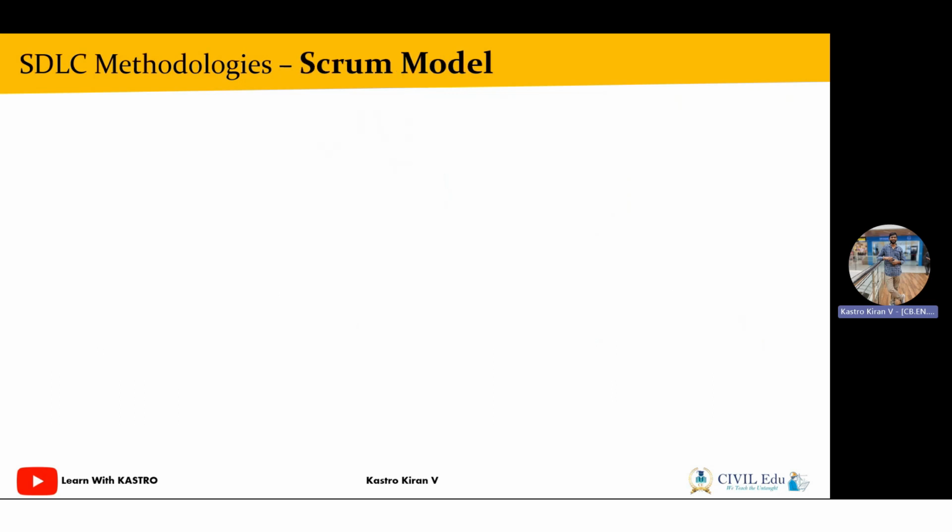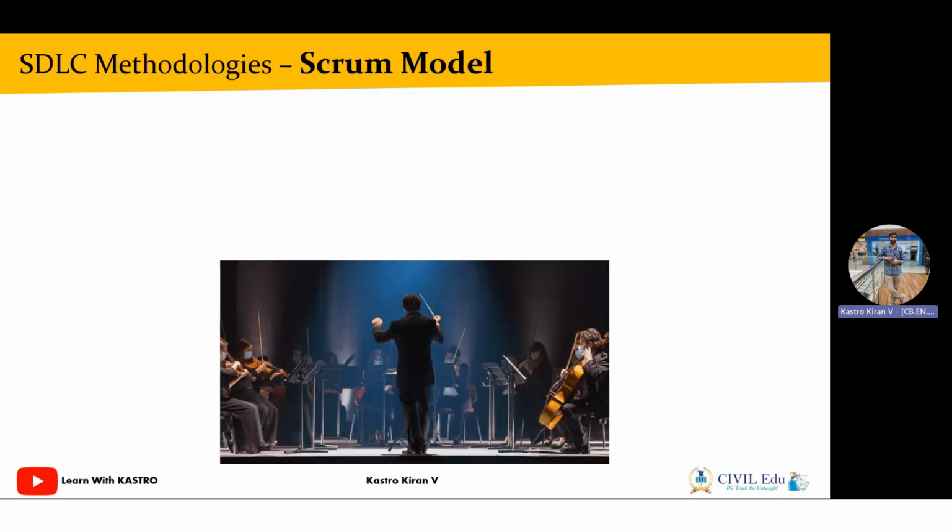Then comes the next model, which is called the Scrum model. As I was mentioning, Scrum is not a part of SDLC methodology. It is basically a framework that is used in the Agile model. So what is meant by Scrum here? Suppose you observe this particular scenario, where orchestration is happening. What is meant by orchestration? Multiple musicians are going to work on developing a musical note.